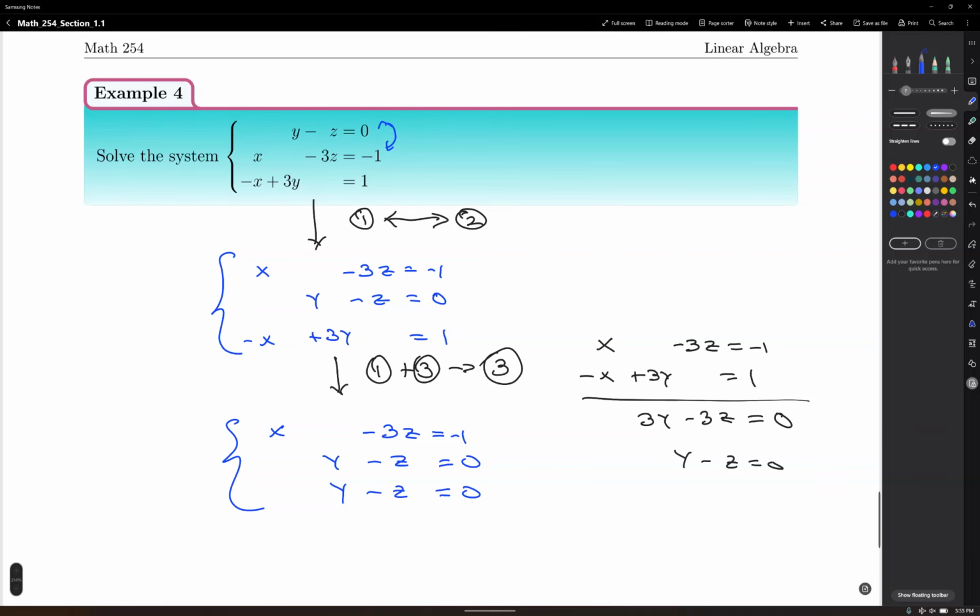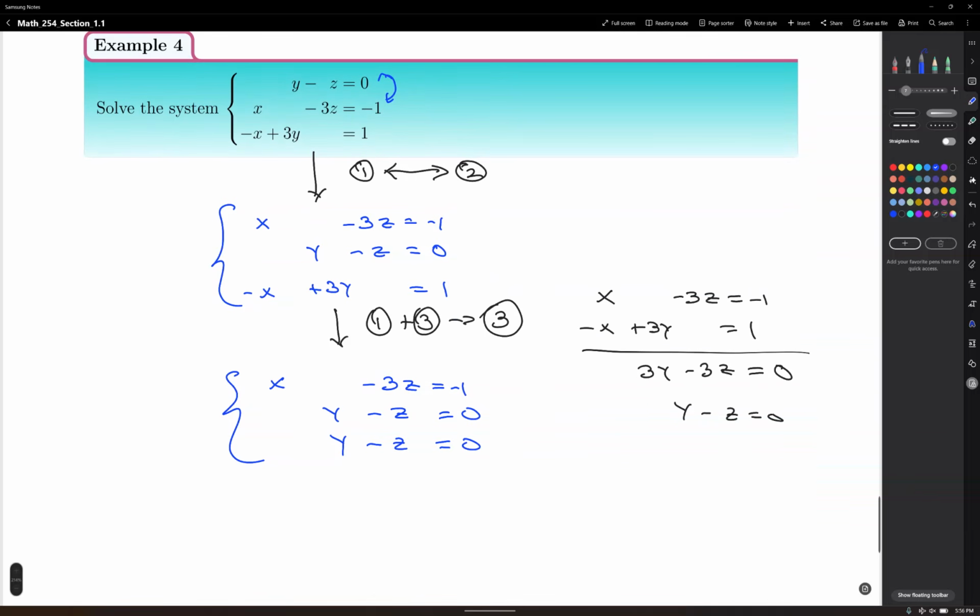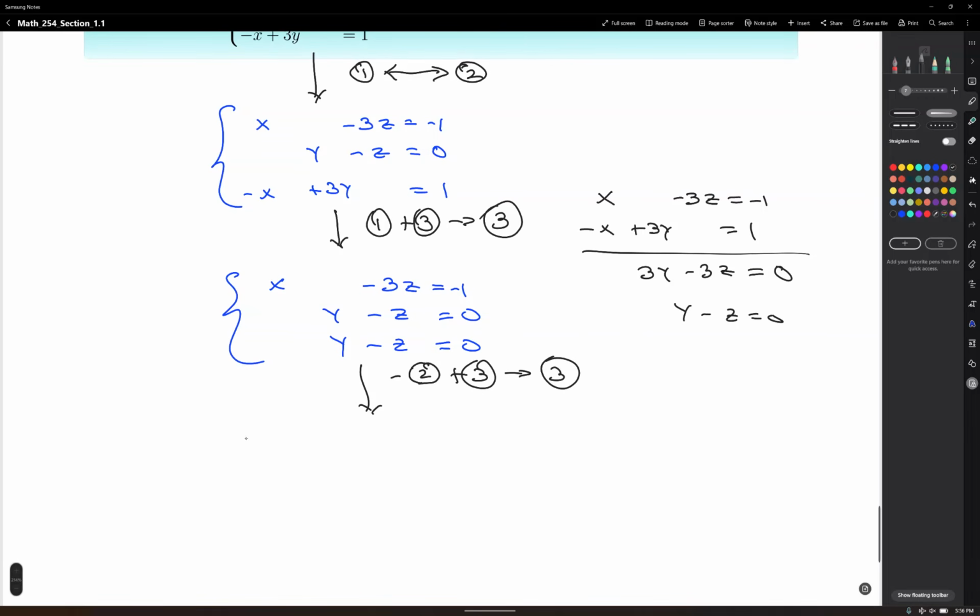So what are we going to do about this one? Do you see how we can multiply the opposite? To cancel this y, we would need to multiply the opposite in sign of 2 and add it to 3 to obtain a new 3. You see what's going to happen? x minus 3z equals negative 1.